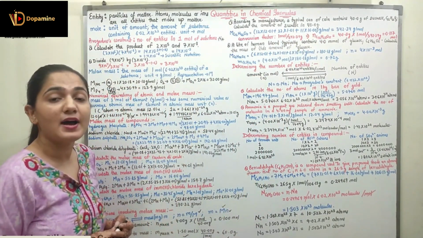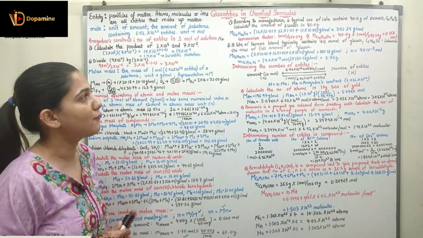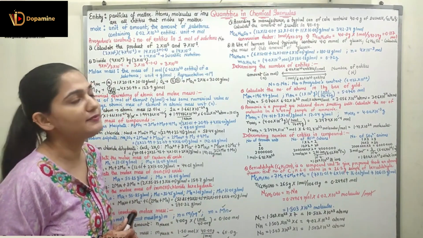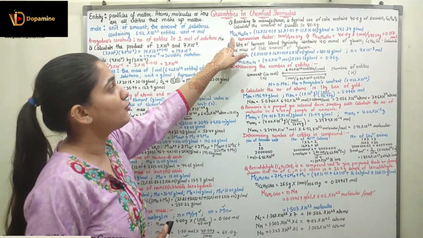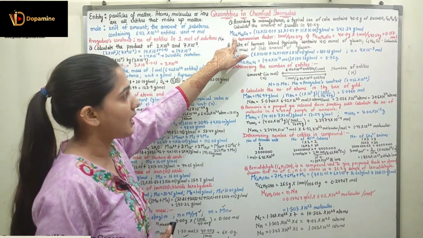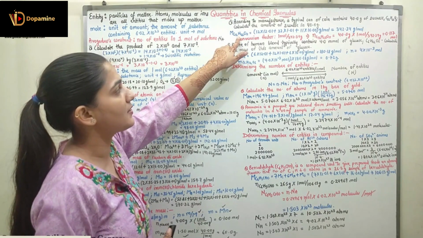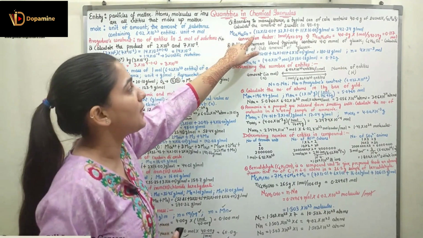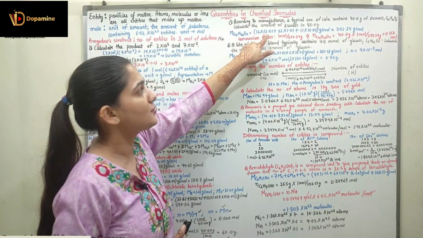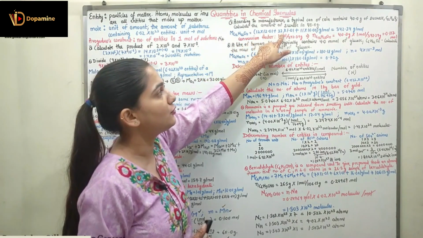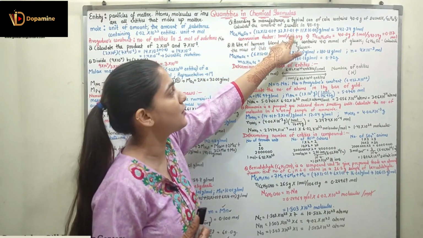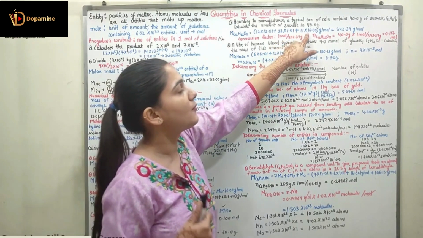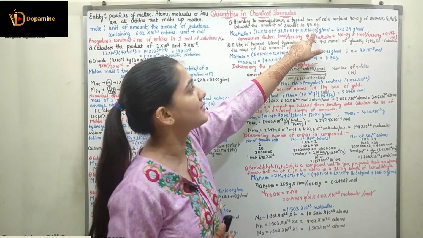So the molar mass of the given compound C12H22O11, which is sucrose, will be equal to 12 into the molar mass of carbon plus 22 into the molar mass of hydrogen plus 11 into the molar mass of oxygen. So 12 into 12.01, plus 22 into 1.01, plus 11 into 16.